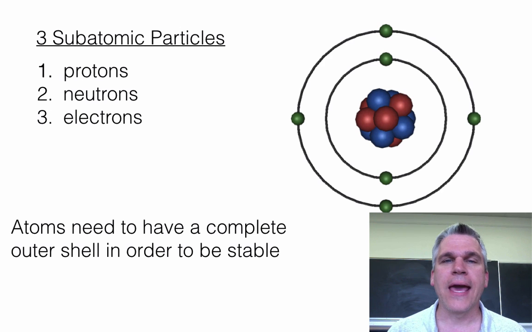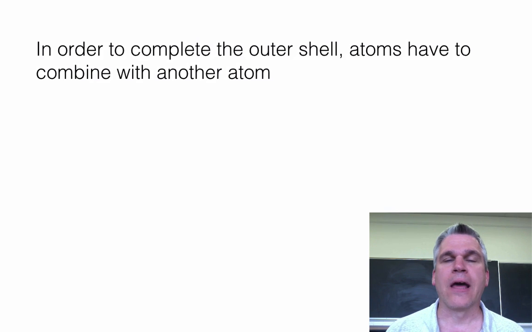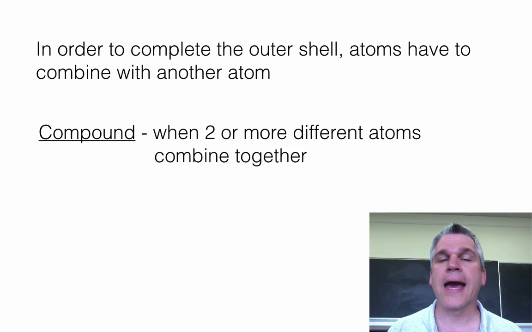Only those noble gases come with a complete outer shell. So all other atoms are going to have to combine with another atom in order to have that complete outer shell. Now, why the outer shell is so important is because all the other shells are already complete, or they're full.